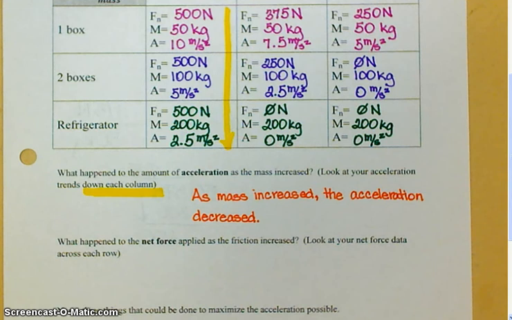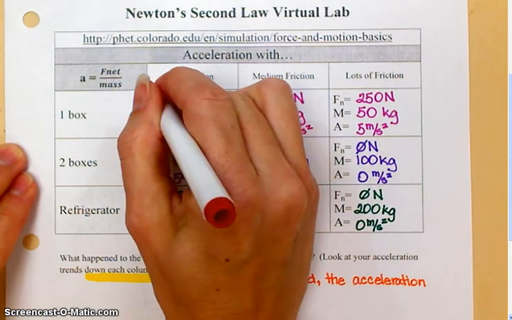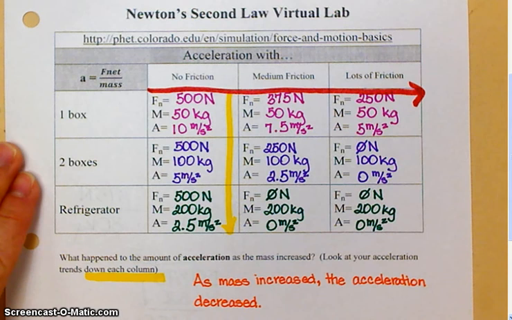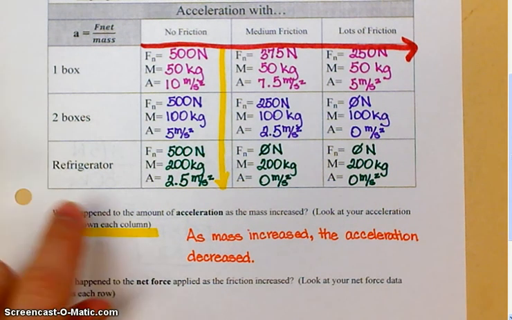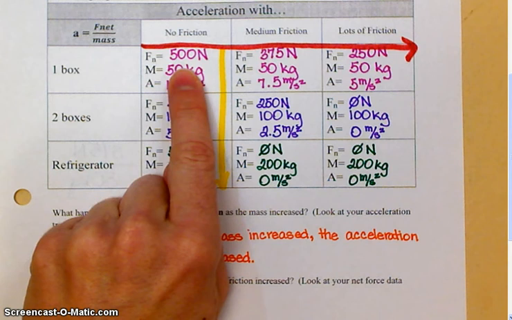Okay, the next one says, what happened to the net force applied as friction increased? And it says, look at your net force data across each row. So this time, I might come up here and look across this way. All right. I start out with no friction. My applied force is 500 and my net force is 500 because there's nothing counteracting my applied force.